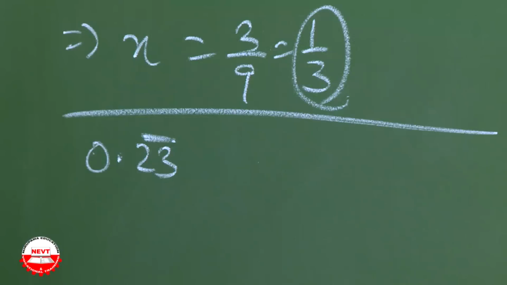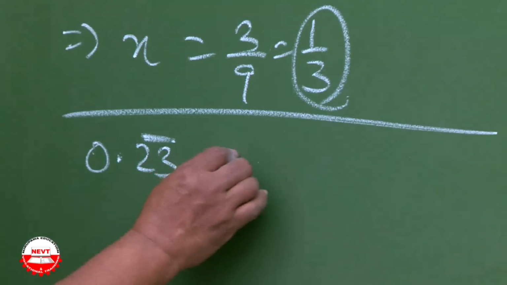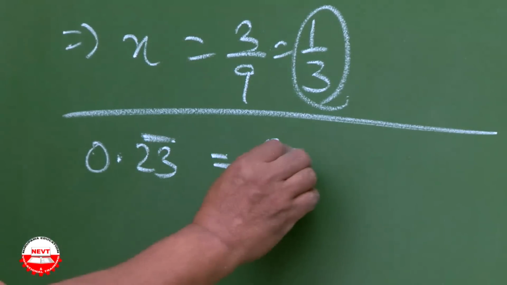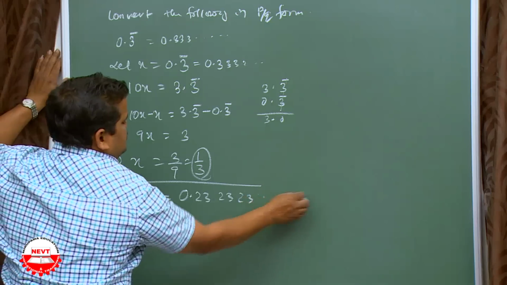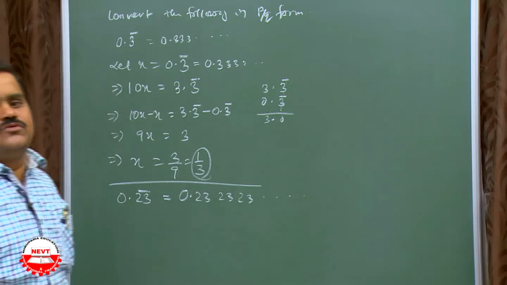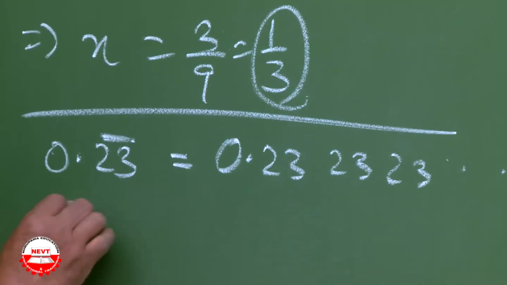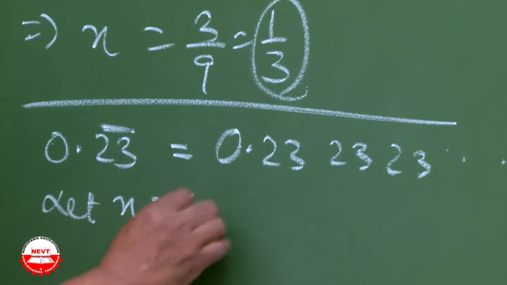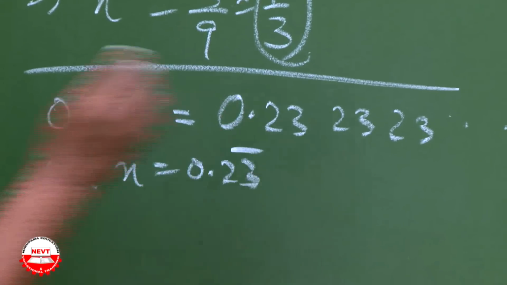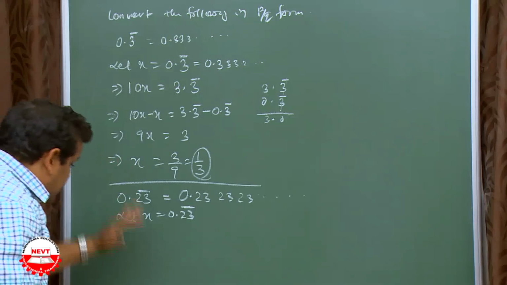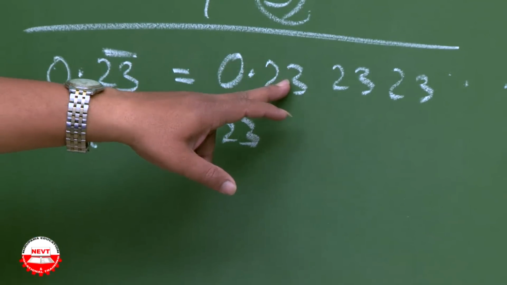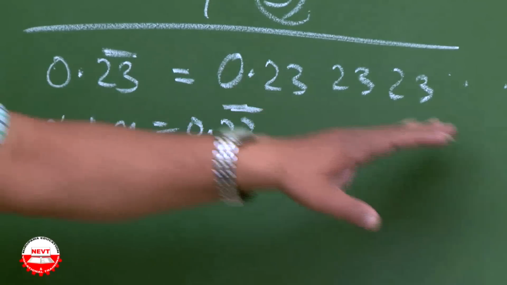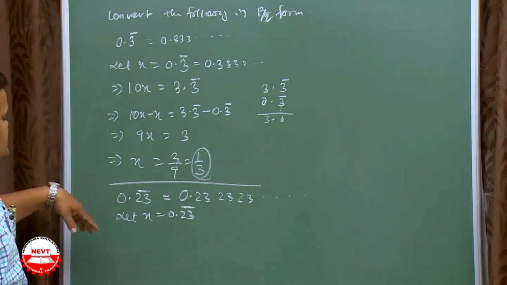Let's say 0.23 bar. How to solve this? You know that 0.23 bar means 0.23, 23, 23, like this it will continue. That means 23 will repeat. So first let x is equal to 0.23 bar. If you take 10x, the decimal will shift, but 10x is not required. Just look here, why am I not taking 10x?